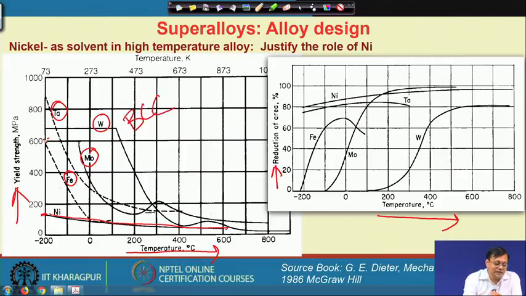So, these elements at room temperature or at minus 200 degree centigrade exhibit a very high strength. However, after just passing room temperature, it falls, or let us say tungsten has a very high strength, but it simply falls with the temperature.